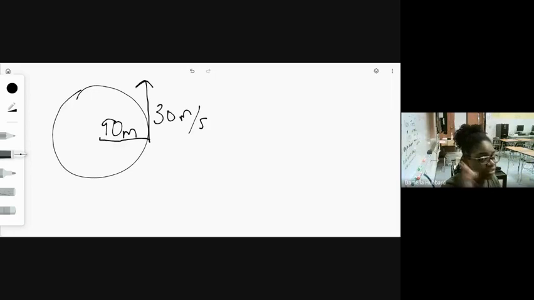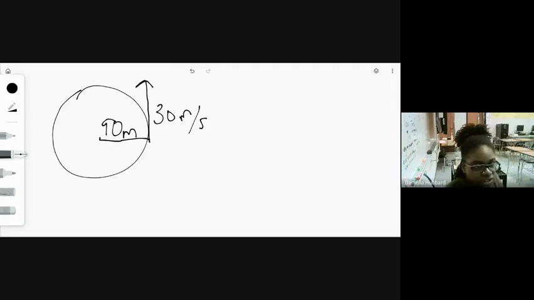Radius is half, diameter is the whole circle. Okay. So we have a radius of 90 meters, we have a speed of 30 meters per second, and the question is asking for the period of the car's revolution around the track, meaning how long did it take for the car to make one complete lap.